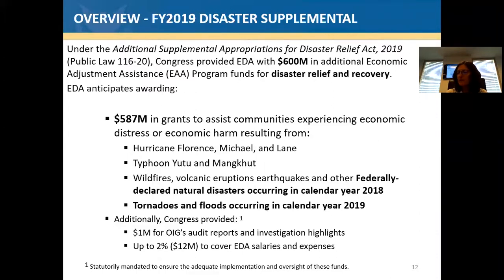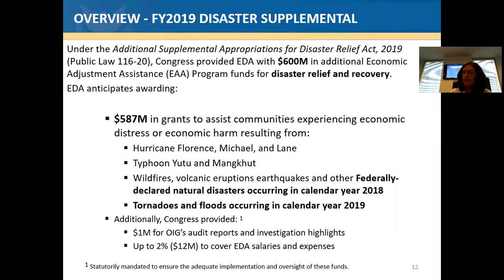So this year, as I mentioned before, we're covering 2 years of disasters. For 2018, our funding covers all major presidentially declared disasters, a broad definition as we had with last year's supplemental.